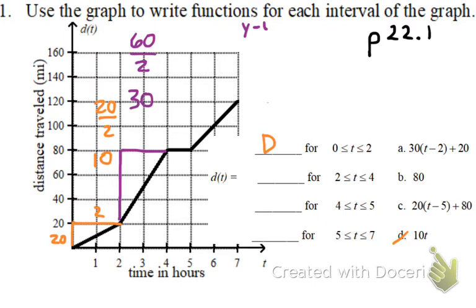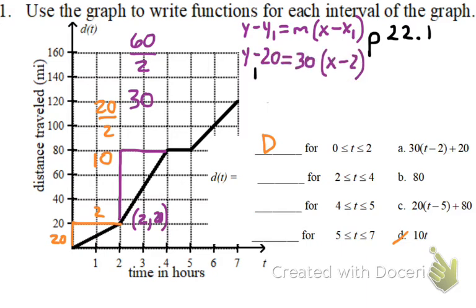Now let's use the point (2, 20) as our x sub 1, y sub 1, and we can substitute into point slope. So on that particular one, you couldn't look at it and find the y-intercept, so we'll use point slope. So our x sub 1 is 2, y sub 1 is 20. Substitute in, notice the minuses are in the formula.